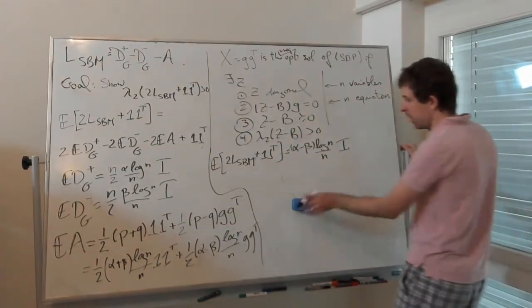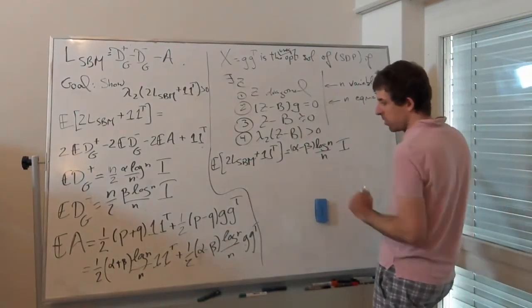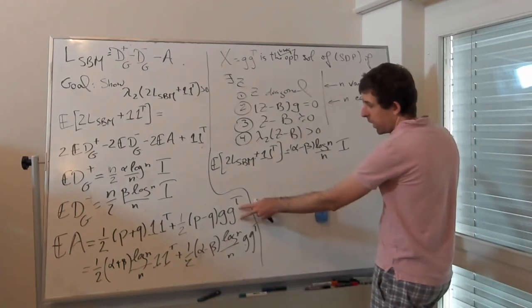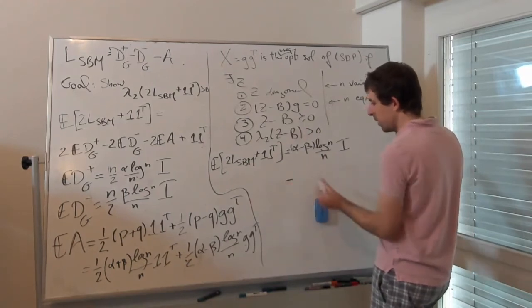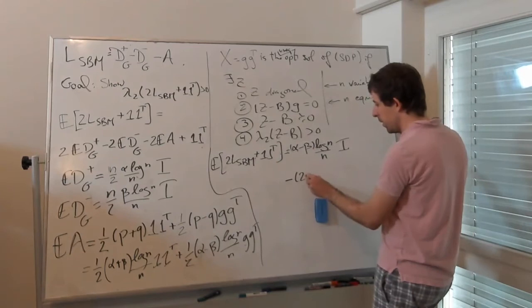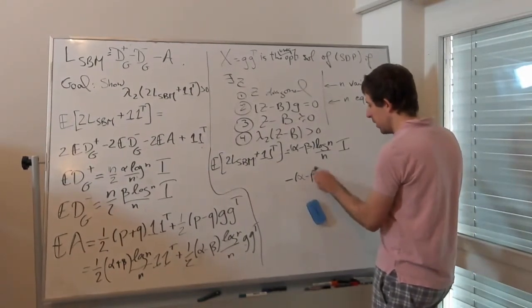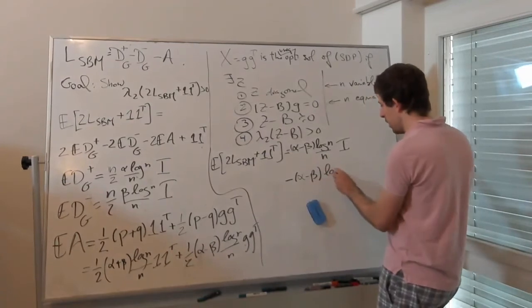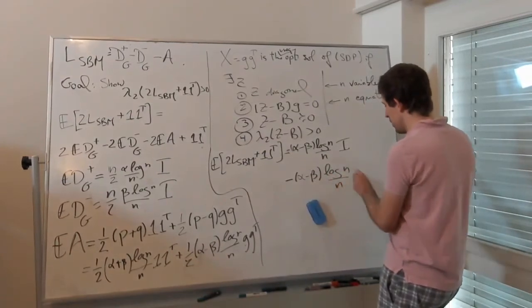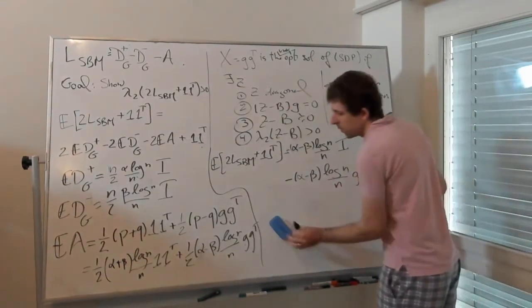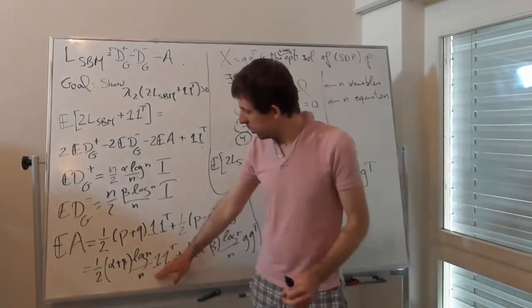So let's look at what happens in GG transpose first. We subtract twice this, so we get minus (alpha minus beta) log n over n GG transpose. And we subtract this term here too.